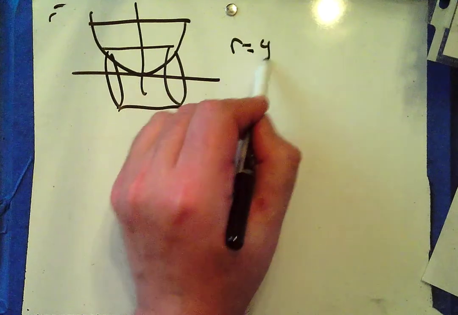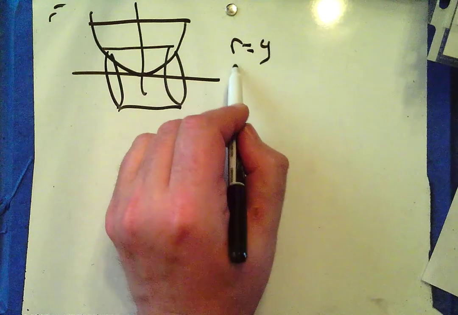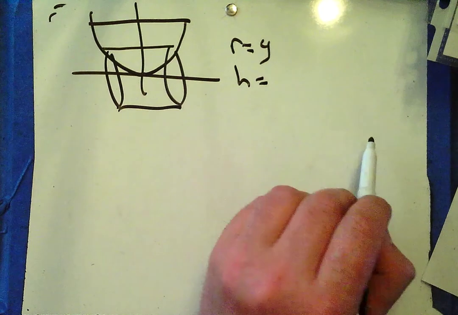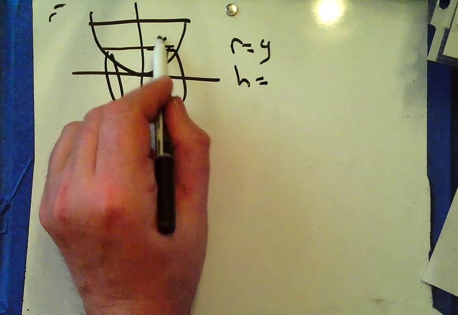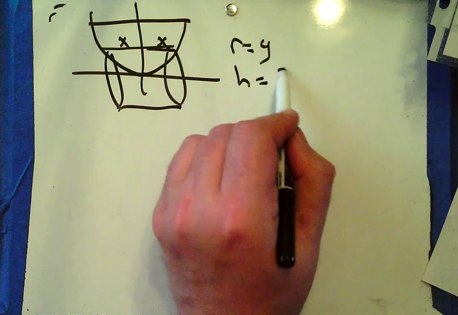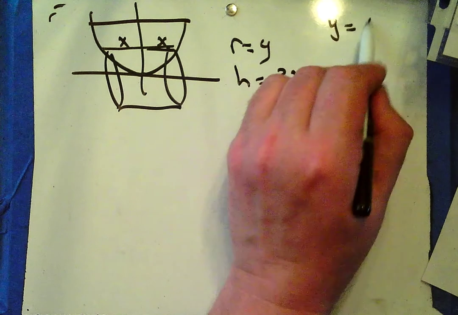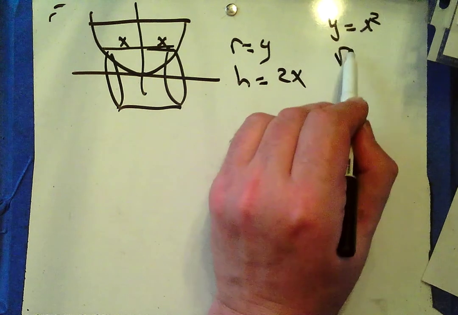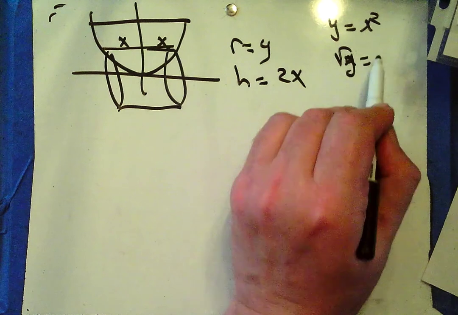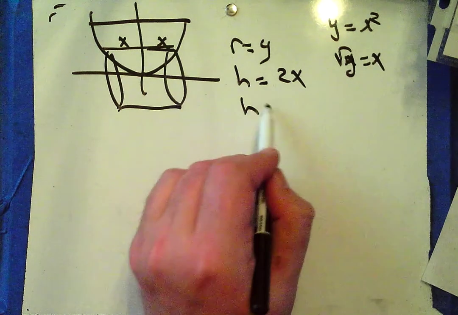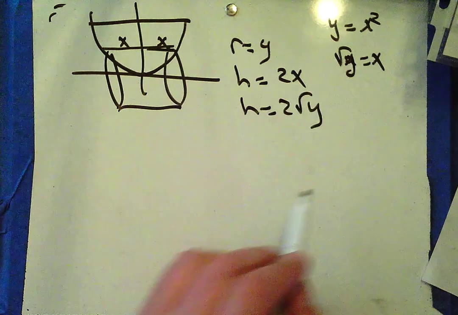So my radius is my y value, and my height is this x and this x, so 2x. But we know that y equals x squared, square root of y equals x. So the height is 2 root y.